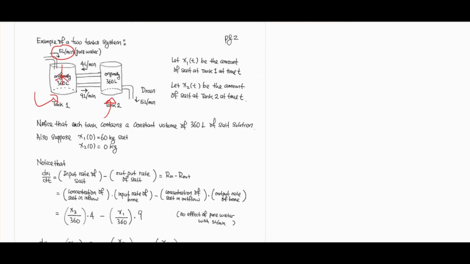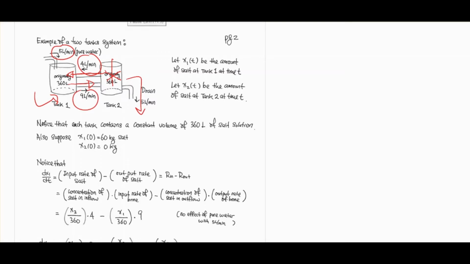Then the salt water leaves tank 1 and goes into tank 2 at the rate of 9 liters per minute. There's thorough mixing in the second tank, and the second tank also has some salt water moving back into tank 1 at the rate of 4 liters per minute, and you also have drainage coming out of the second tank at 5 liters per minute.